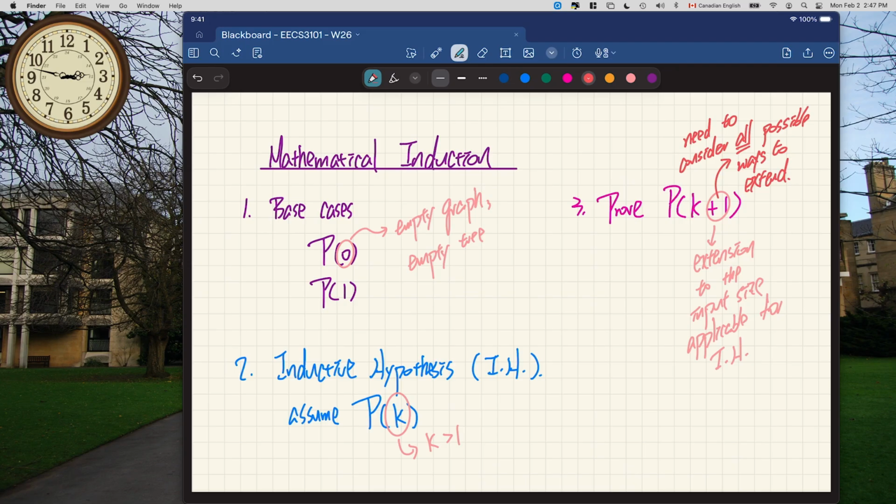All right, just one more thing to say. It must be the case that when you try to make this proof work, somewhere in your proof, the critical step is you have to apply the assumption made by the inductive hypothesis. You have to make use of the claim assumed by the inductive hypothesis.